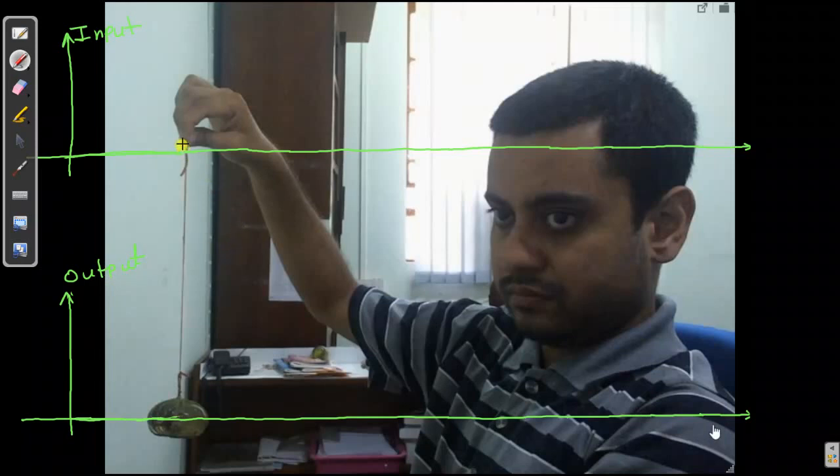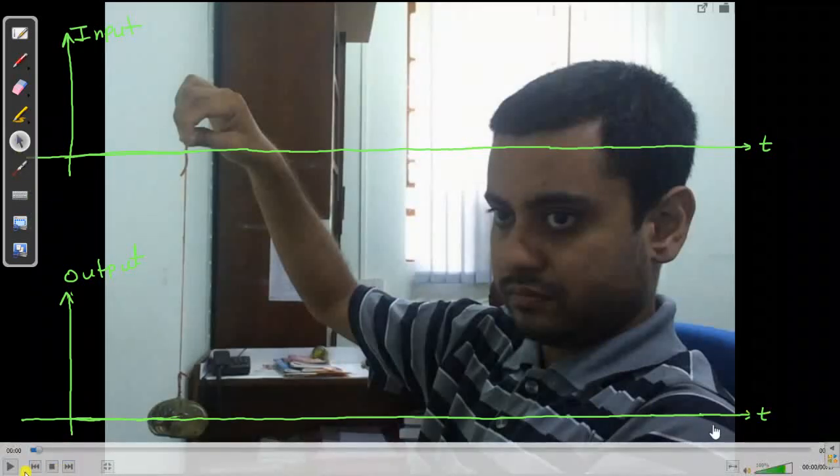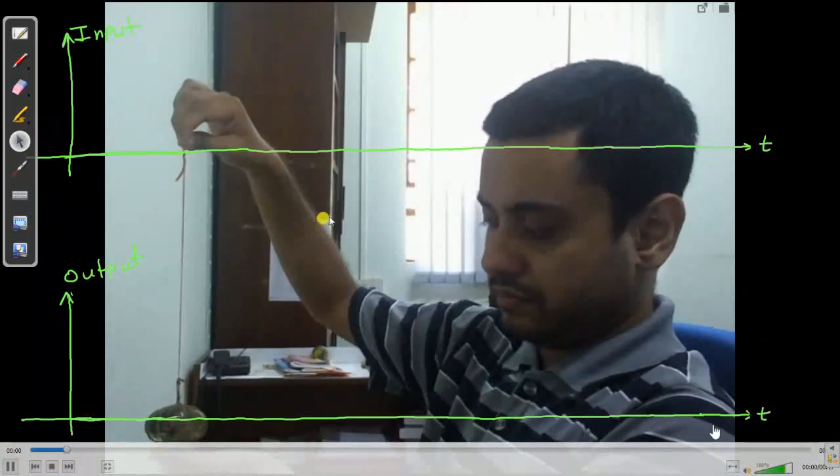At this moment input is 0 and output is also 0. Now if I increase the input, output will also increase or change. Let me plot the graph of input as a function of time and the graph of output also as a function of time. For that, let me play this video at a slower rate.